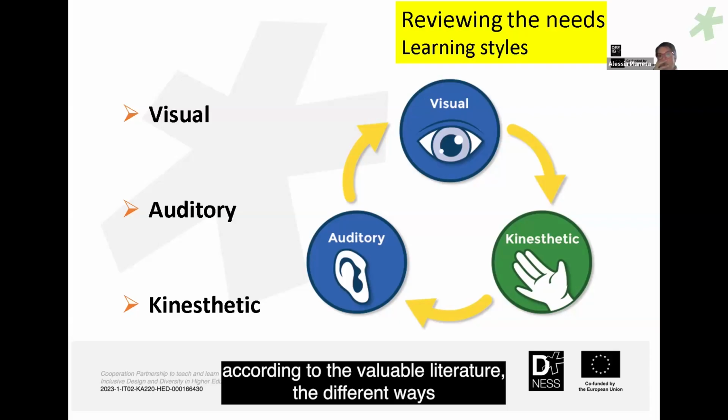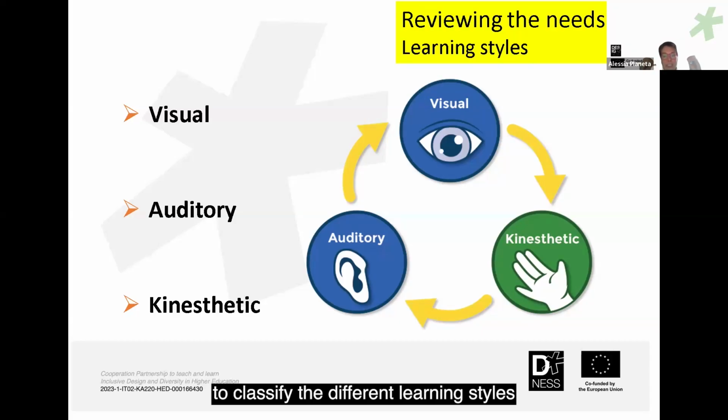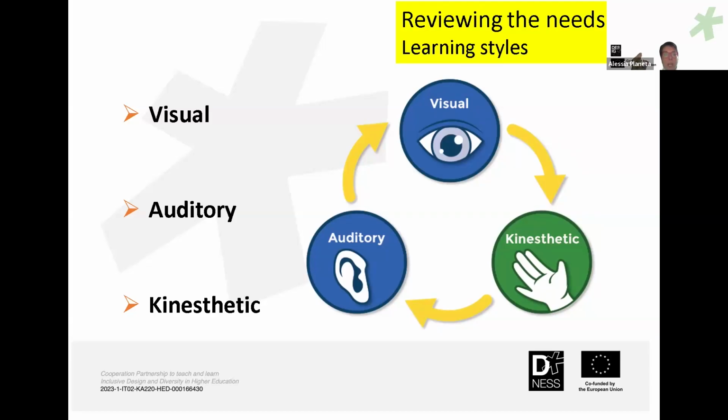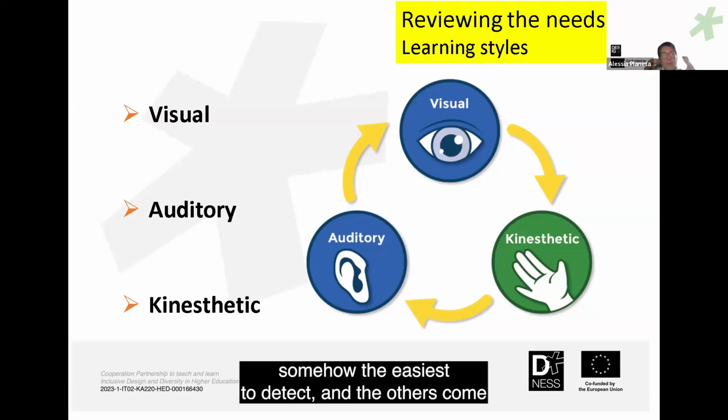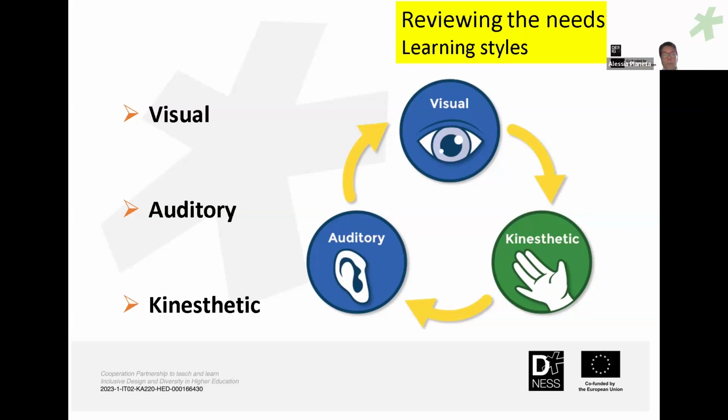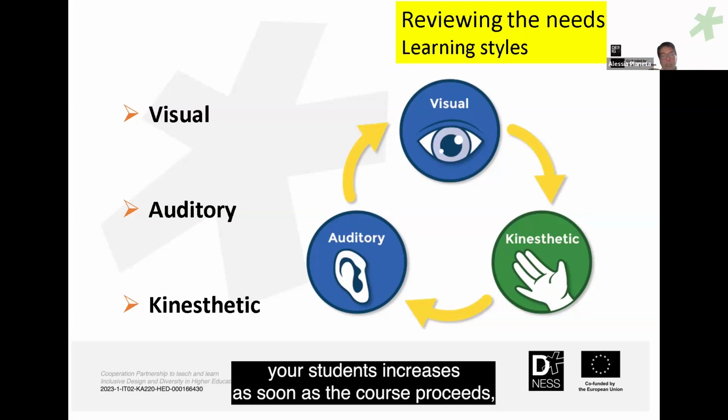According to the valuable literature, there are different ways to classify the different learning styles based on psychological, attitudinal, or sensorial approaches. I chose the last one because it is somehow the easiest to detect, and the others come later when the knowledge of your students increases as the course proceeds.